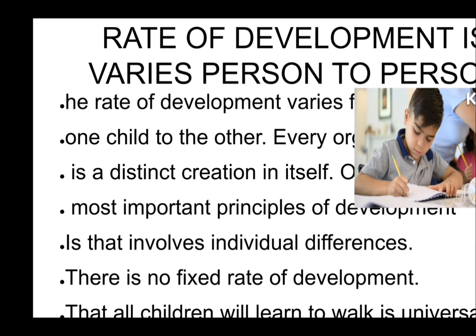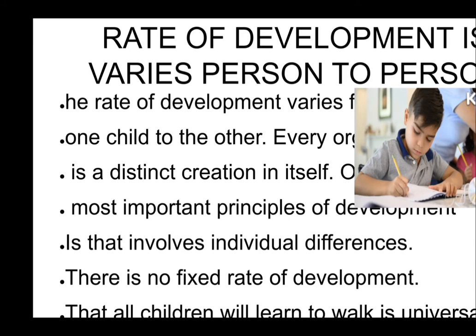Next is rate of development varies from person to person. The rate of development varies from one child to the other. Every organism is a distinct creation in itself. One of the most important principles of development is that it involves individual differences. There is no fixed rate of development.